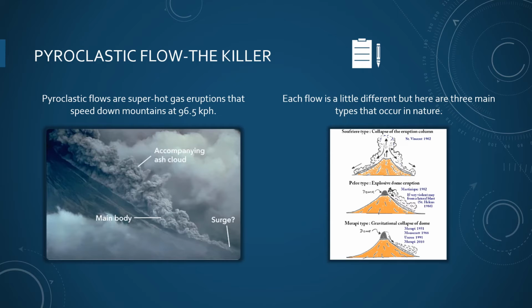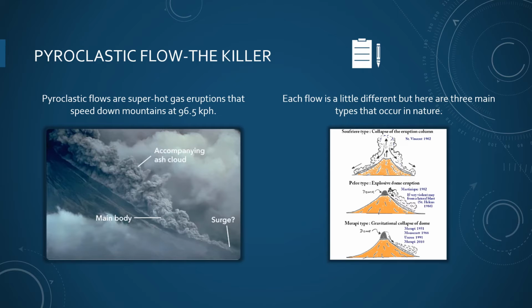There's an explosive dome eruption, and then the pyroclastic flow just kind of sticks to one side of the mountain, doesn't really go to both sides or all sides, not in what we say a 360 manner. And then we have another collapse of the dome with still another pyroclastic flow.